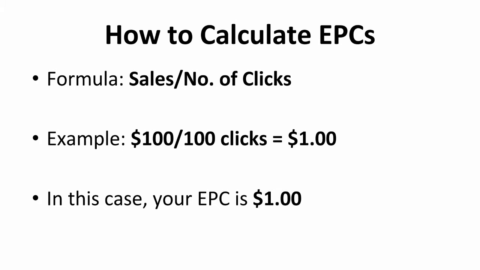So $50 times 2 equals $100. That's your sales, the money you've made. Now, use the formula to find EPC, which is sales divided by the number of clicks. What you make from sales here is $100 divided by the number of clicks, which is 100 clicks. So the answer would be the EPC, and in this case, the EPC is $1.